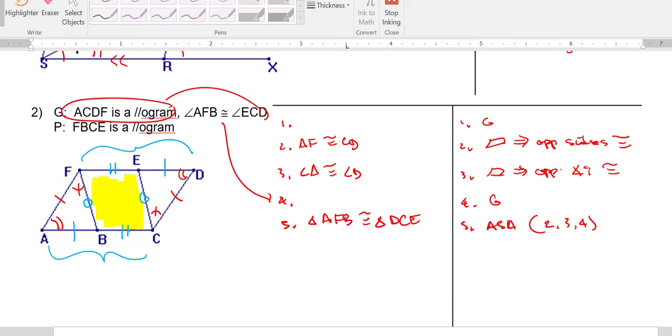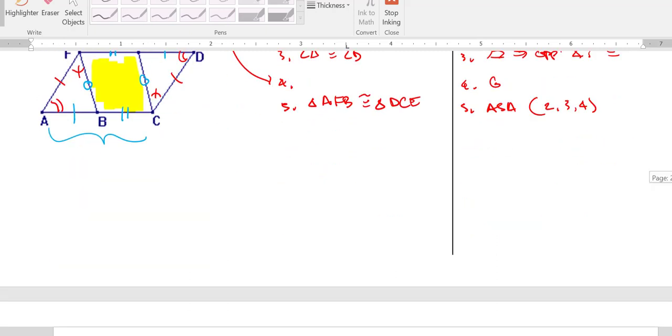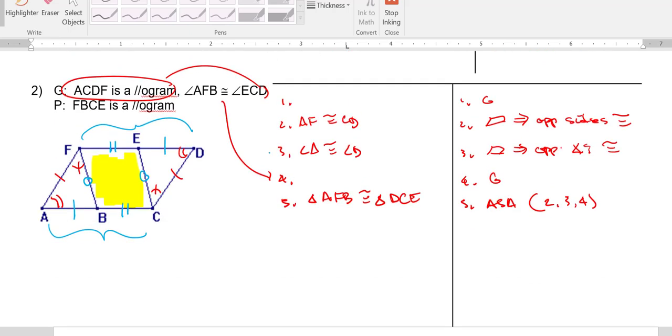So let's do that first, and then I'll show you that there's multiple ways you can approach this. So I can do FB is congruent to EC by CPCTC. And I know that AB is congruent to ED, also by CPCTC, so let's leave that in the same step there.